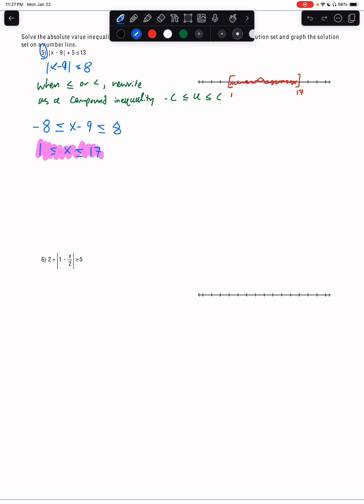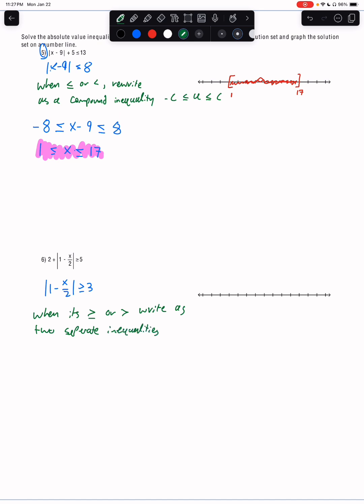We're just going to start by subtracting 2. And then we need to notice the sign this time is greater than or equal to, so the rule is a little bit different. So when it's greater than or equal to, or just regular greater than, write as 2 separate inequalities.